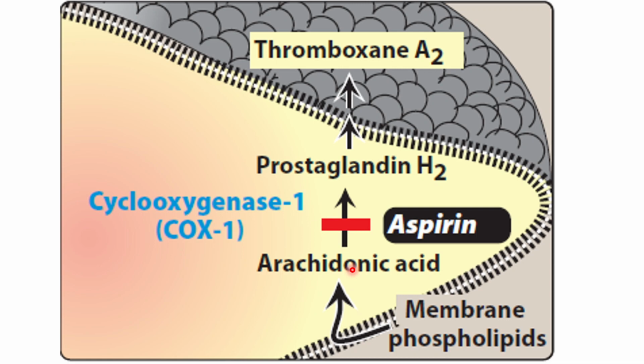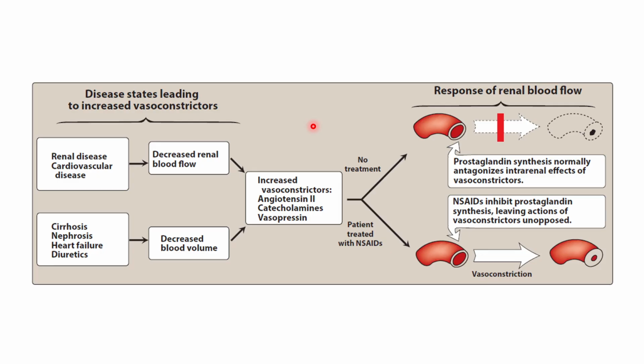So in the thrombocyte, cyclooxygenase will produce prostaglandin H2, that is the thromboxane A2, that is released from the thrombocyte to increase the aggregation of the thrombocyte. Also prostaglandins will influence the blood flow.